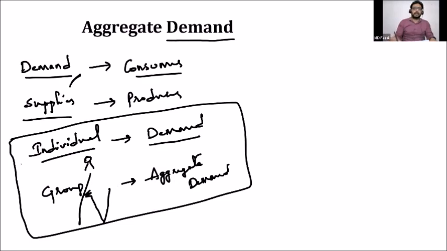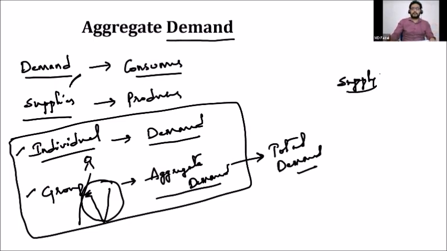Demand is based on an individual. Aggregate demand is based on a group or country wise. What is the aggregate demand of India? What is the aggregate demand of US? On an average, we take how many people are demanding. That also means the total demand.